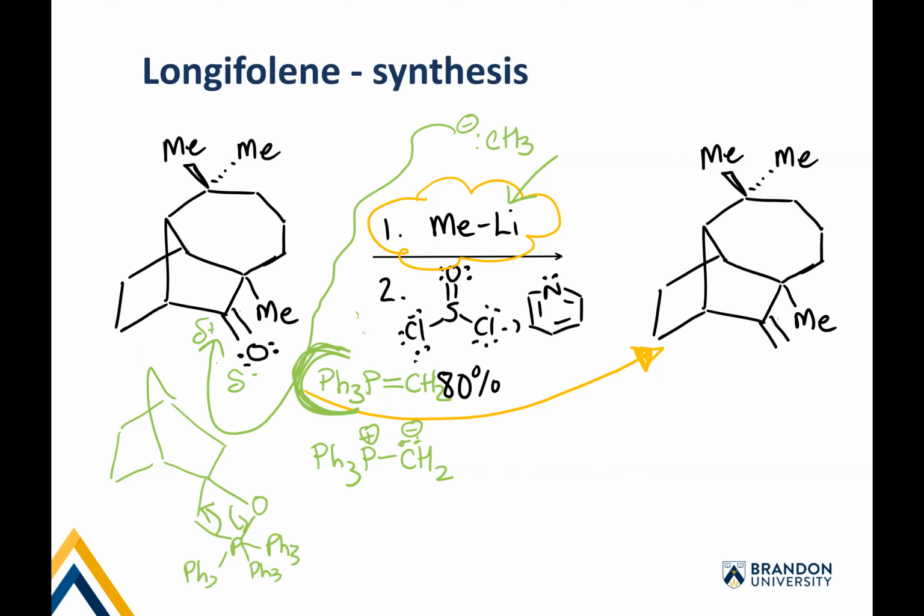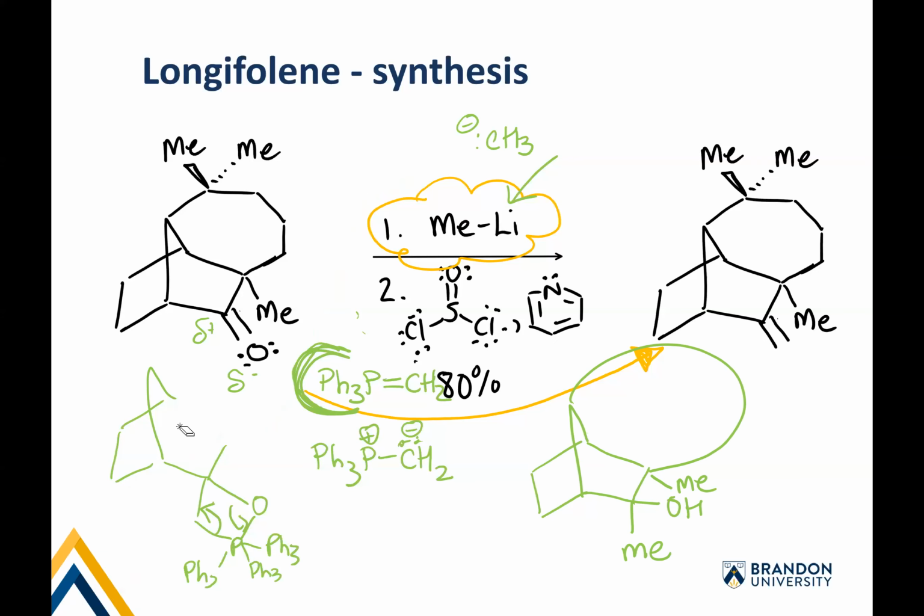It's probably the least sterically crowded. So we would end up, once this thing gets, I'll just draw a big loop there, in the methyl group. Okay, now that's good. Let's erase some stuff.